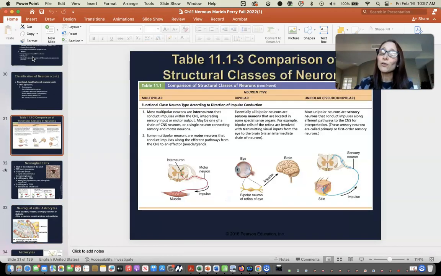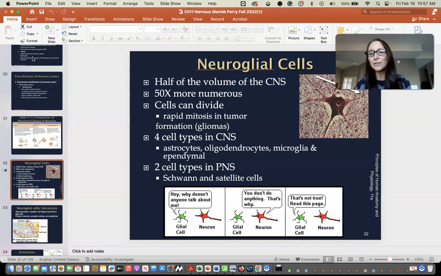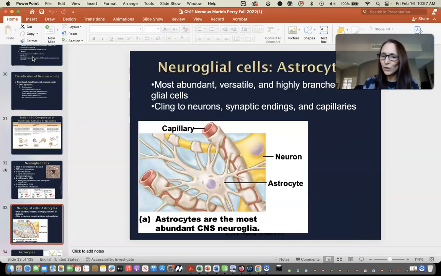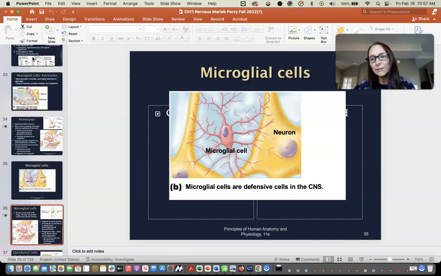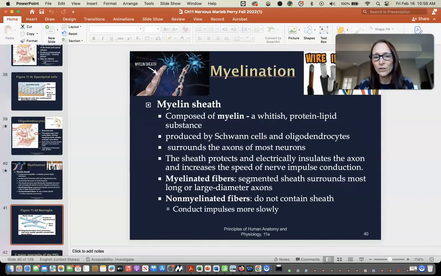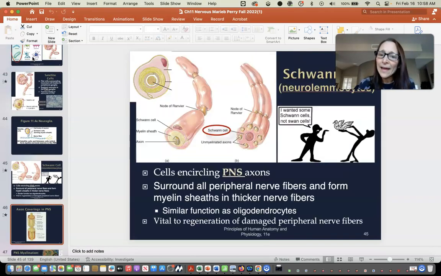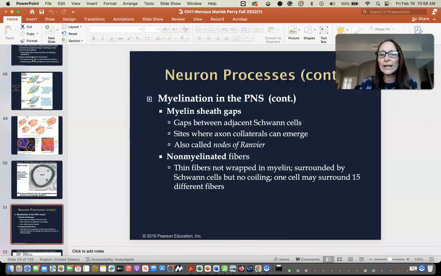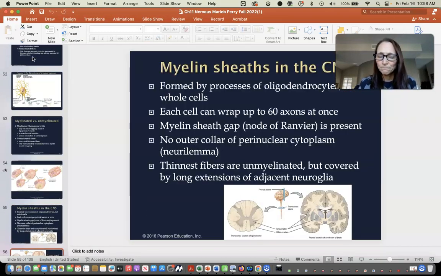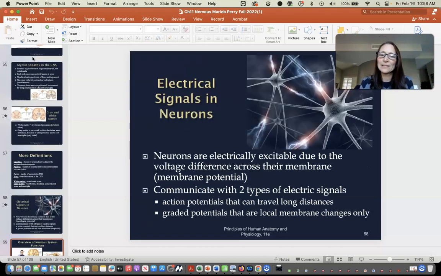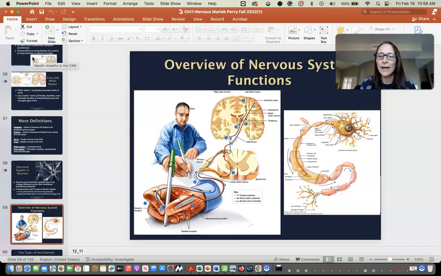Then we get into the neuroglial cells, the helper cells of the nervous system. You're going to have to know the different types of neuroglial cells and also their functions. I'm not giving you a lecture, I promise. I just want to show you some of the major things and give you a heads up as to what's coming up here.